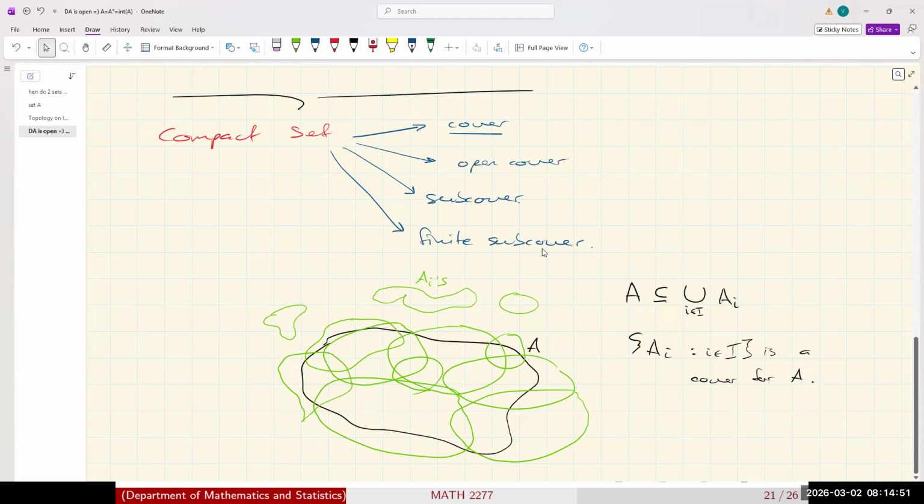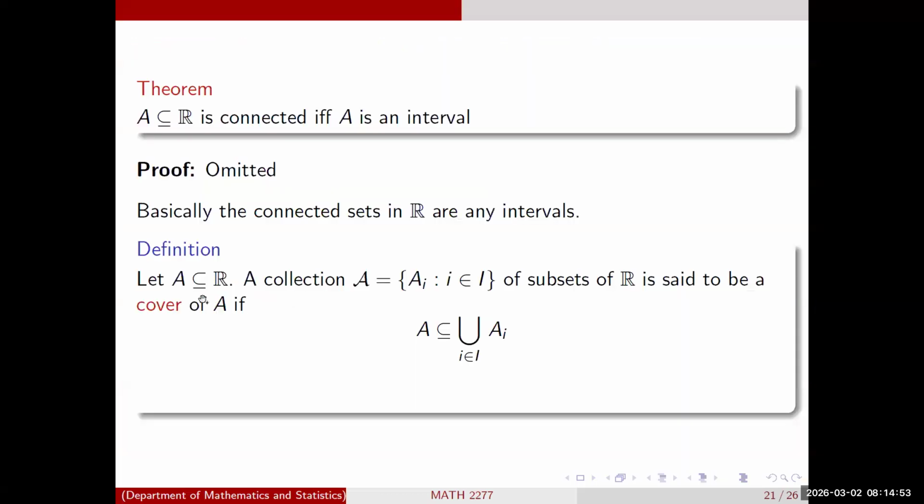So let's go back to the slide. Let A be some subset of R, and consider a collection A_i, where i is in some index set. All this is saying is that this collection could be finite or infinite, countable or uncountable. It doesn't matter to us.